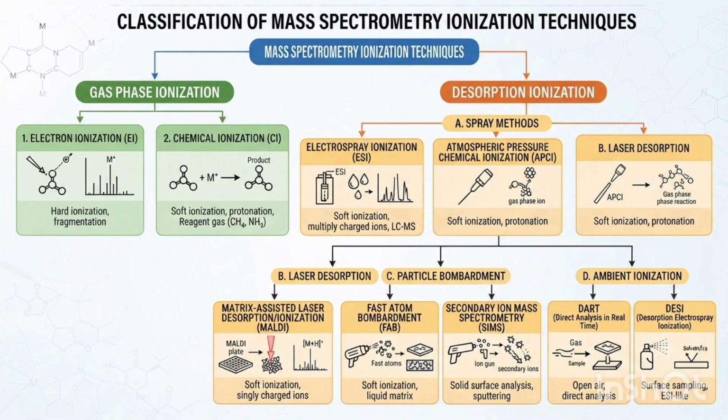These techniques are particularly useful for less volatile, thermally labile, large or surface associated compounds. Examples include electrospray ionization ESI, atmospheric pressure chemical ionization APCI, atmospheric pressure photoionization APPI, MALDI, matrix assisted laser desorption ionization, FAB, fast atom bombardment, SIMS, secondary ion mass spectrometry, DART, direct analysis in real time, and DESI, desorption electrospray ionization.